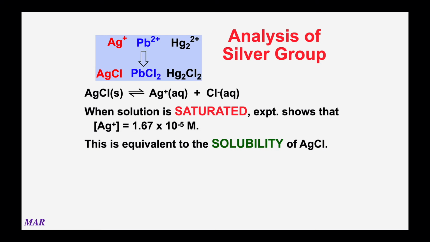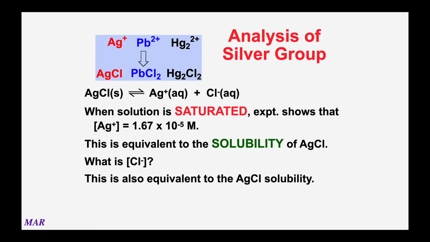So if you have a silver ion concentration that's just a little bit less than 1.67 times 10 to the minus 5 moles per liter, no solid. But if you get just a tiny bit more than that number, that's when you will see a solid. Chloride should be the same as the silver ion. When they measured the silver ion above, it was in a silver chloride solution, and silver chloride breaks down evenly to silver and chloride.